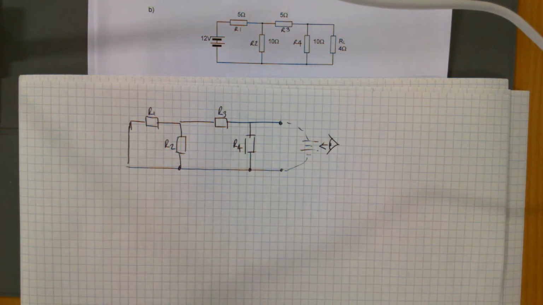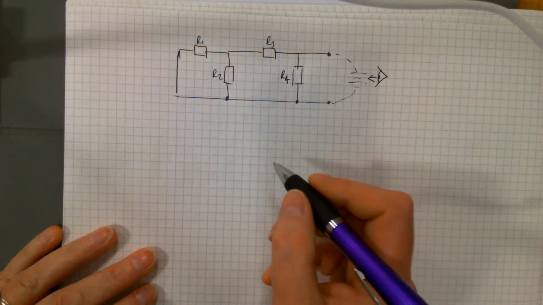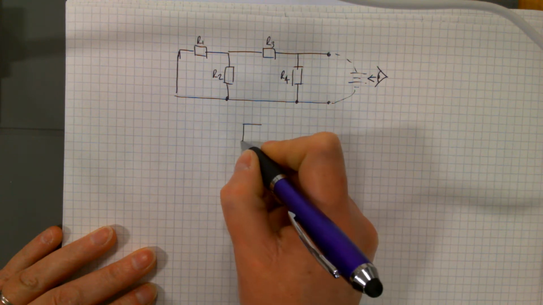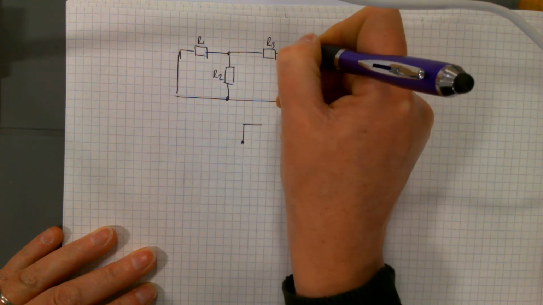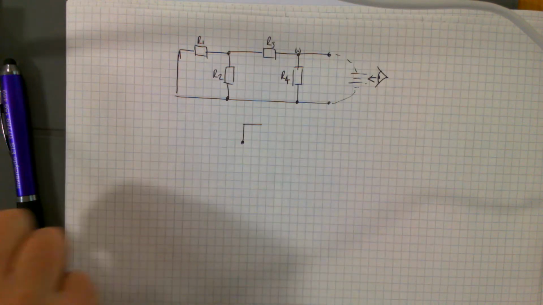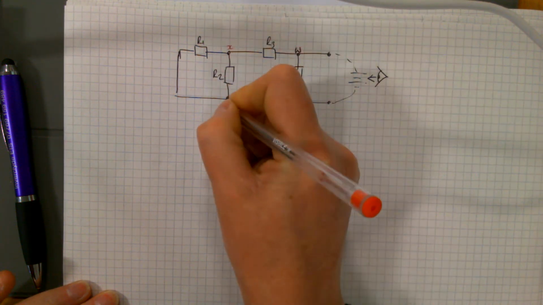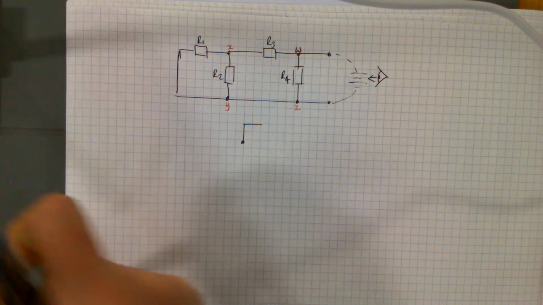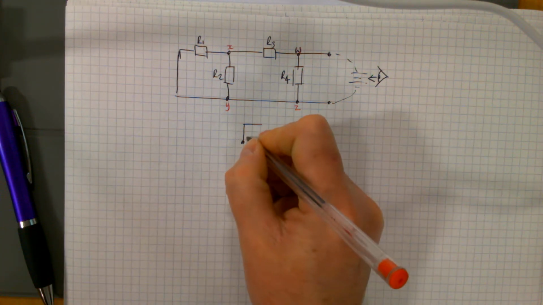So your R4's there. So you try to redraw that first. The R4's in this circuit.